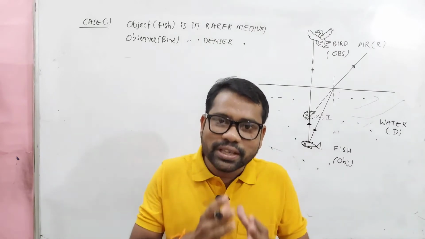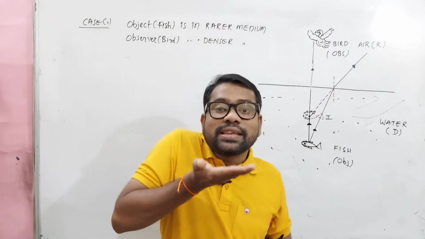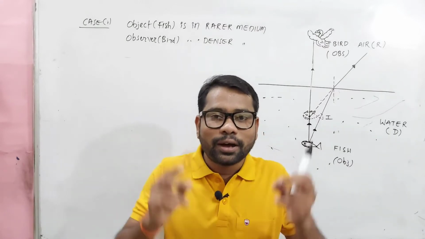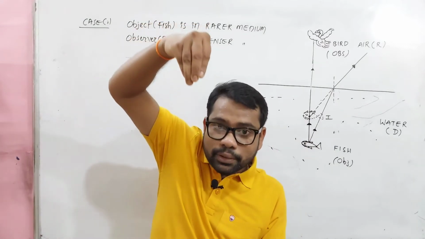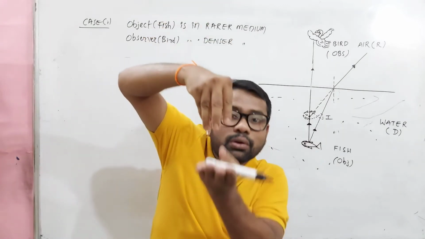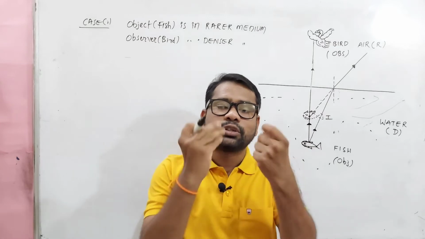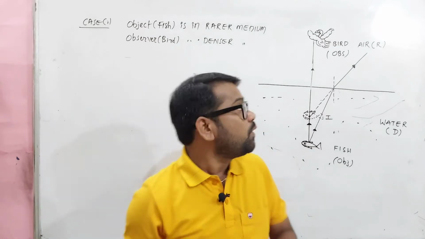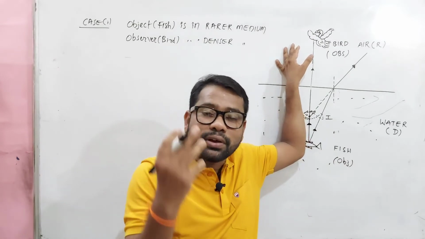But due to the refraction, it appears as if it is raised. So a bird will get tempted. As the bird is coming closer to the water, it appears even closer. So that is how the fish appears to the bird. Very, very important. That is the reason why the bird will try to catch the fish.